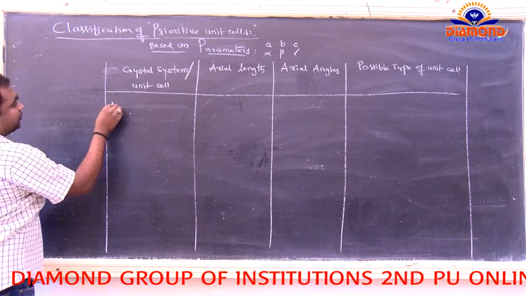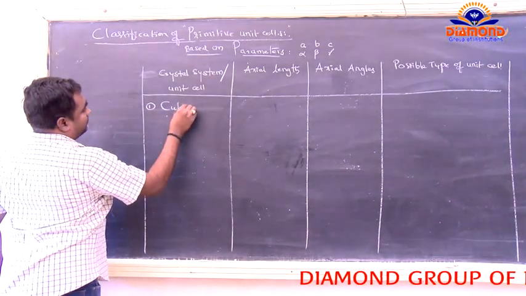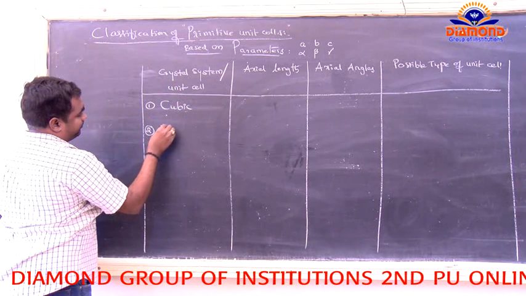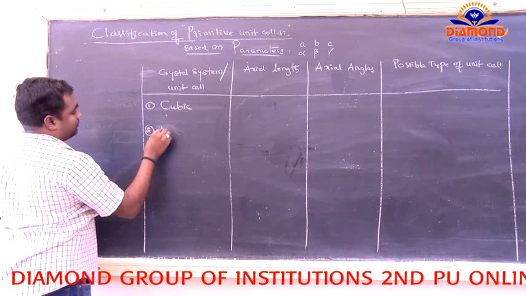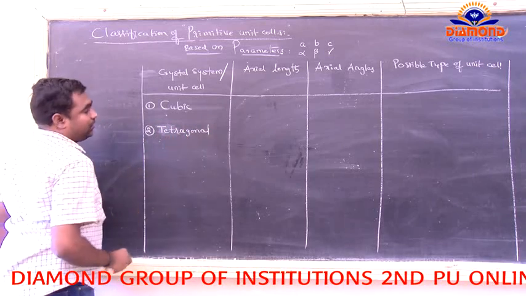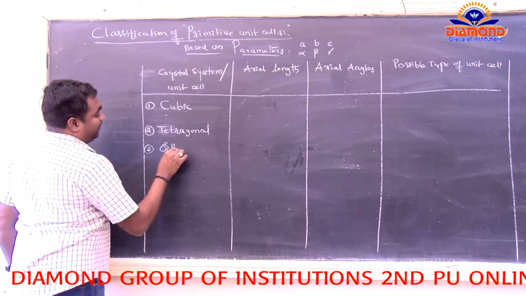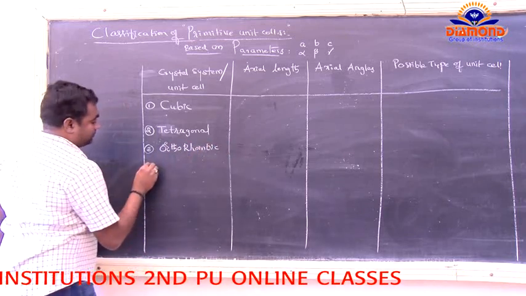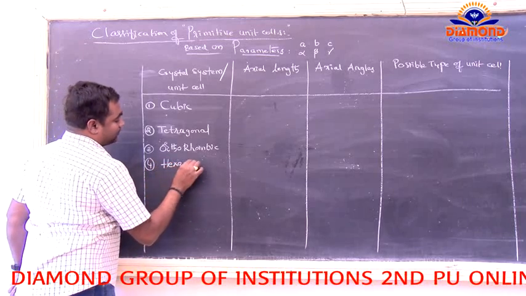Now, the first one belongs to cubic unit cell. Second one belongs to tetragonal unit cell. The third one, orthorhombic. Fourth one, hexagonal.